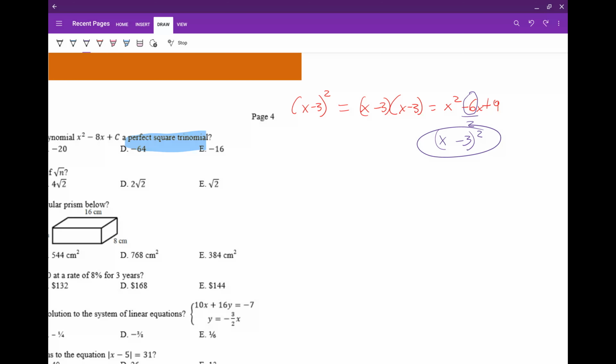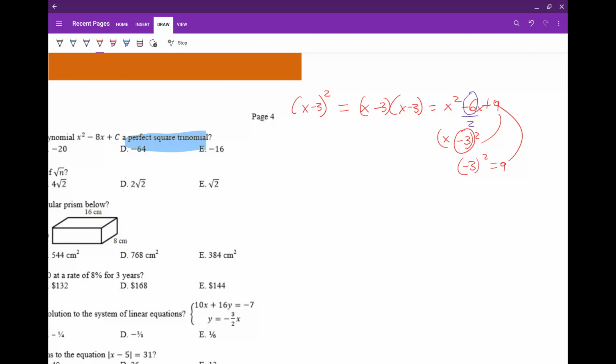Cool, right? Another thing you can do is, if you didn't have your c value and you knew your b term, you know it's going to be x minus 3 whole squared. So if you take -3 and square it, you get your c value. -3 squared equals 9, and that is correct.